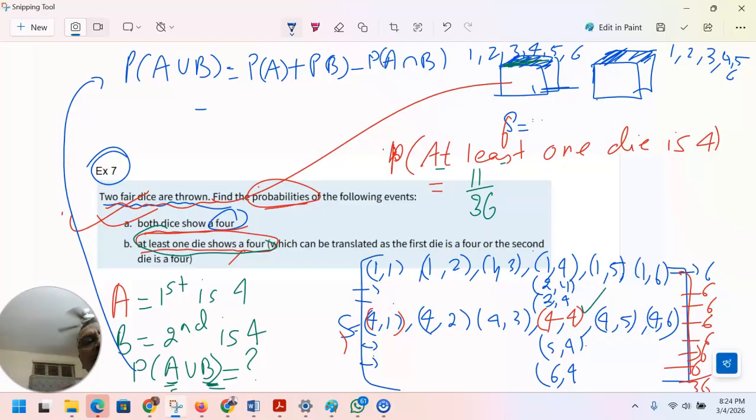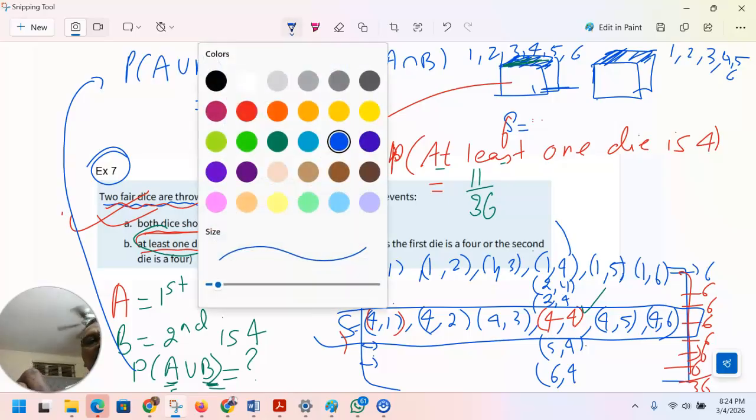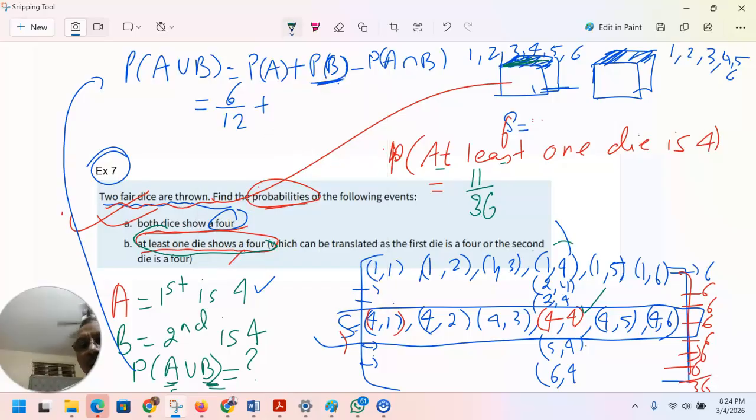So probability of A, the first one is 4. What is the probability that the first is 4? You can see these are all 6, right? 6 of them. Then the second one is 4. So in this case, there are again 6 of them.